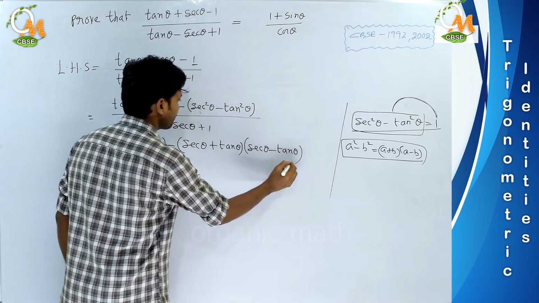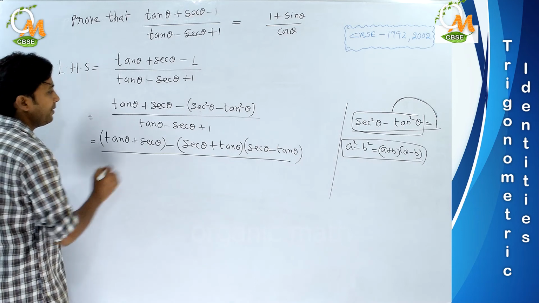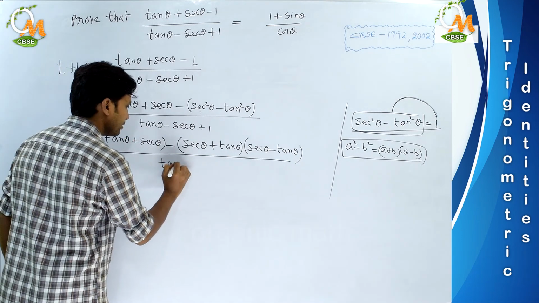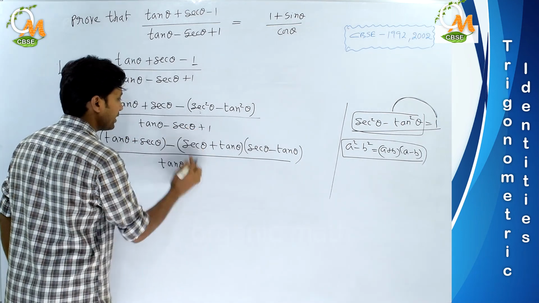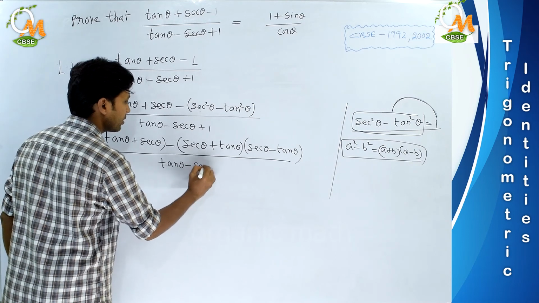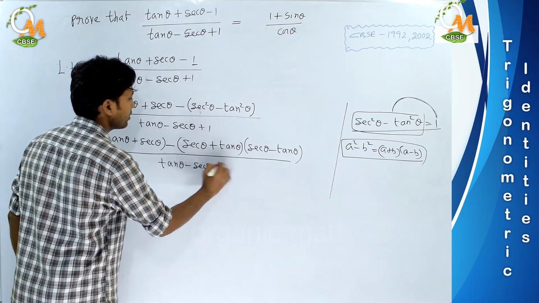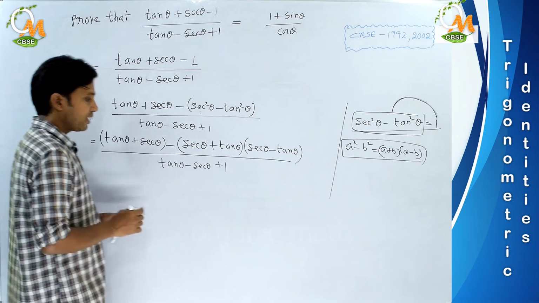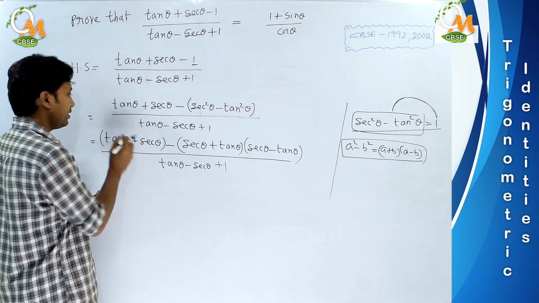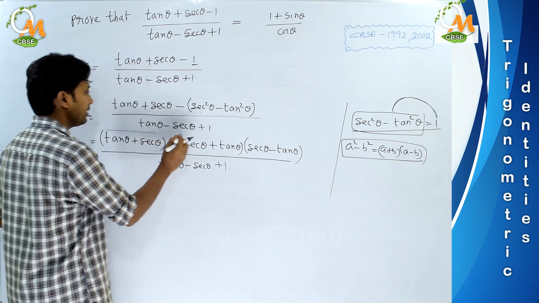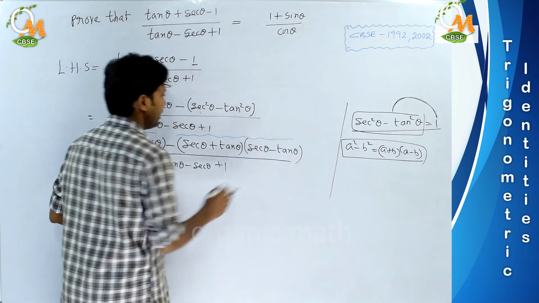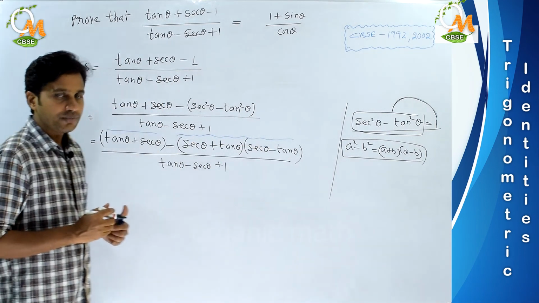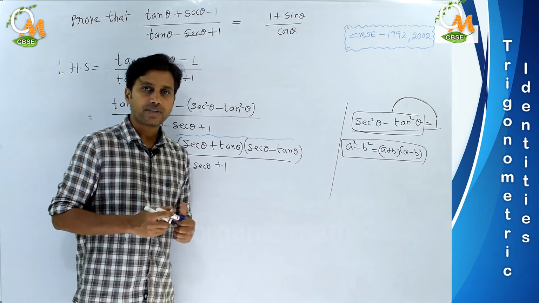Okay, now this by tan theta minus secant theta plus 1. Okay, now just see here how many terms are there. Let me underline. See, this is one term and this is one term. In these two terms, which is the common expression over there?